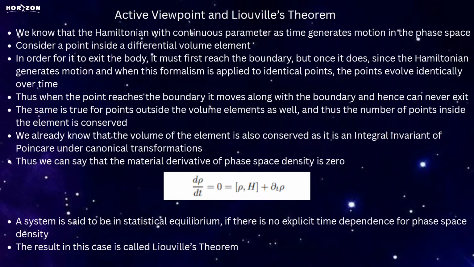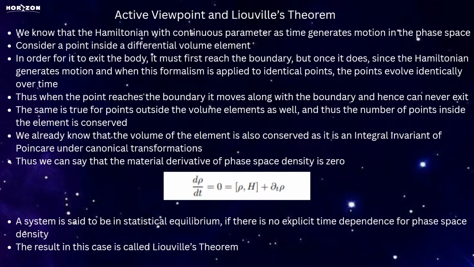Similarly, for a point outside this differential volume to enter it, it must pass through the boundary. But when it reaches the boundary, it always evolves with the boundary. This means that no point inside can go outside and no point outside can come inside ever, as long as we evolve the boundary as well.